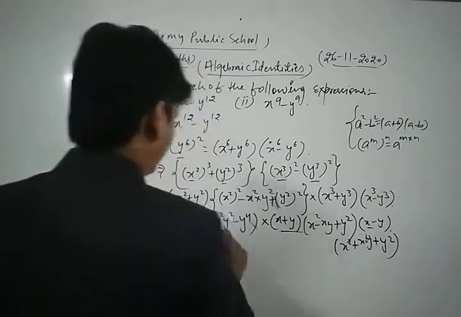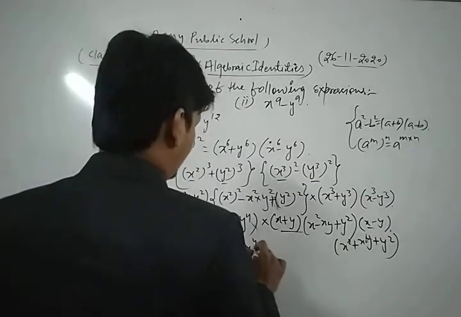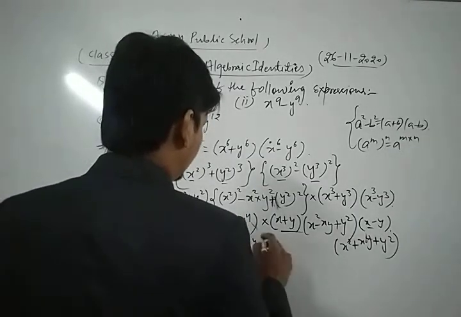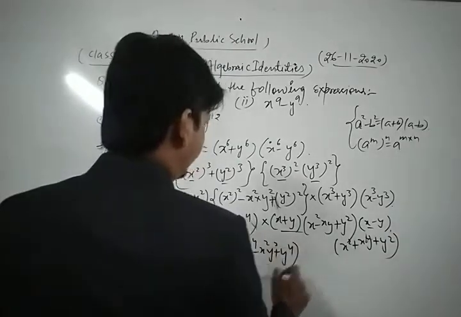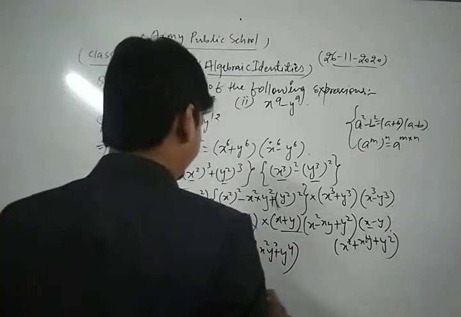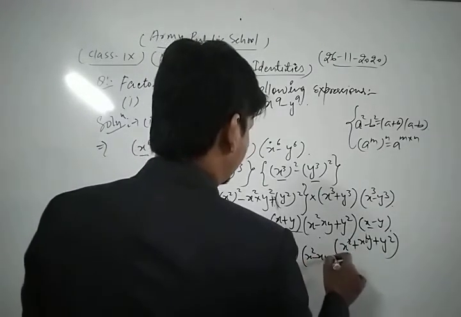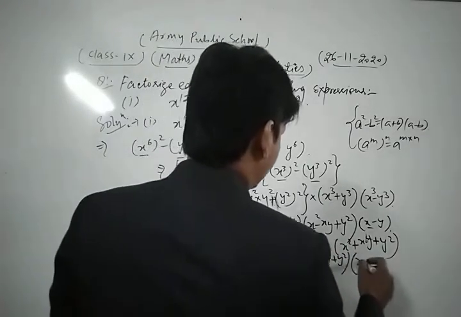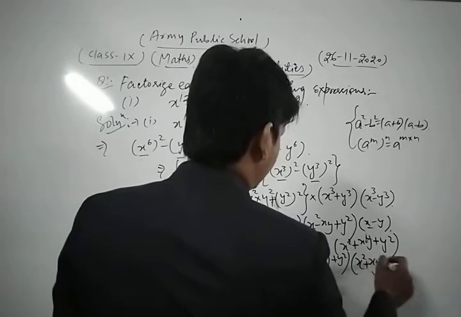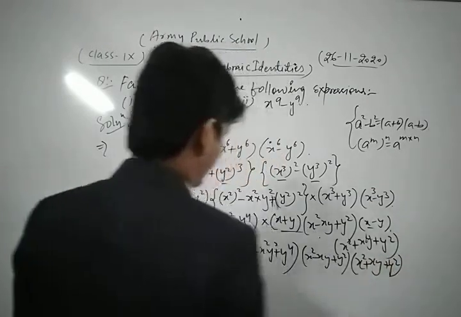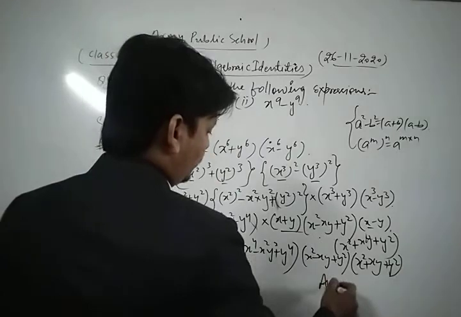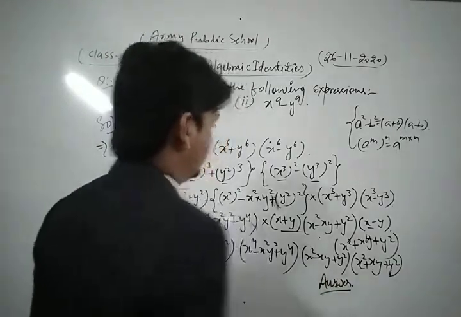And this is x power 4 minus x square y square plus y to the power 4. Now this is x square minus xy plus y square, and in another bracket this is x square plus xy plus y square. So this is the required solution of the given equation.